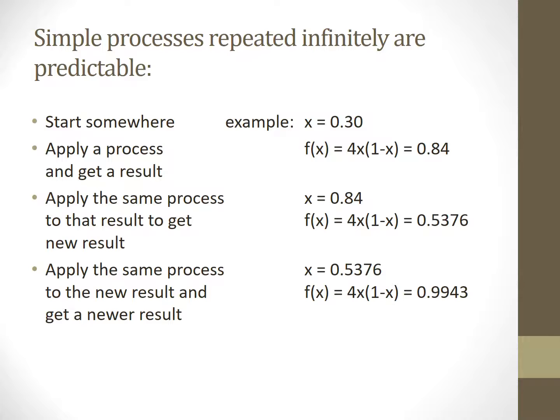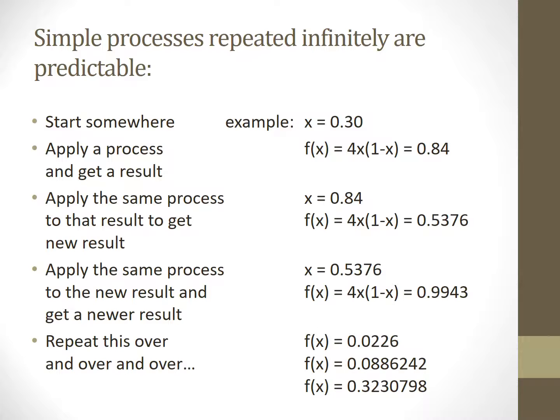Now, for the fourth iteration of this, you put the 0.5376 into the formula. Out comes 0.0226. Put this in for x in the same formula, and out comes 0.0886242. Put that in for the same formula.